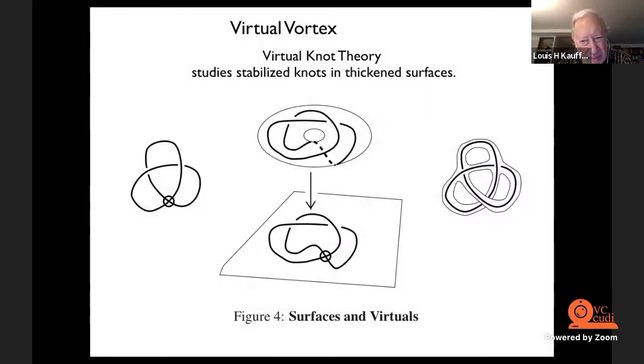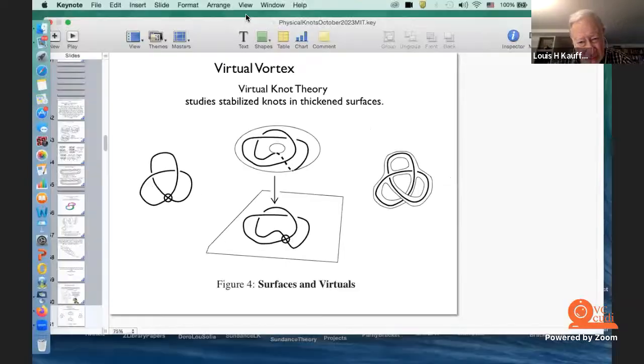And then, in order to think about the topology of it, I wanted to tell you another idea. The other idea has to do with what I call virtual knot theory. And in virtual knot theory, I restrict my knots to winding on a surface, like your clothes is woven on your body. And you could think of a virtual vortex, but I don't have a physical example. If you had a virtual vortex, then there would be places in the vortex where it wouldn't be available to do a reconnection because the points were far away from one another.